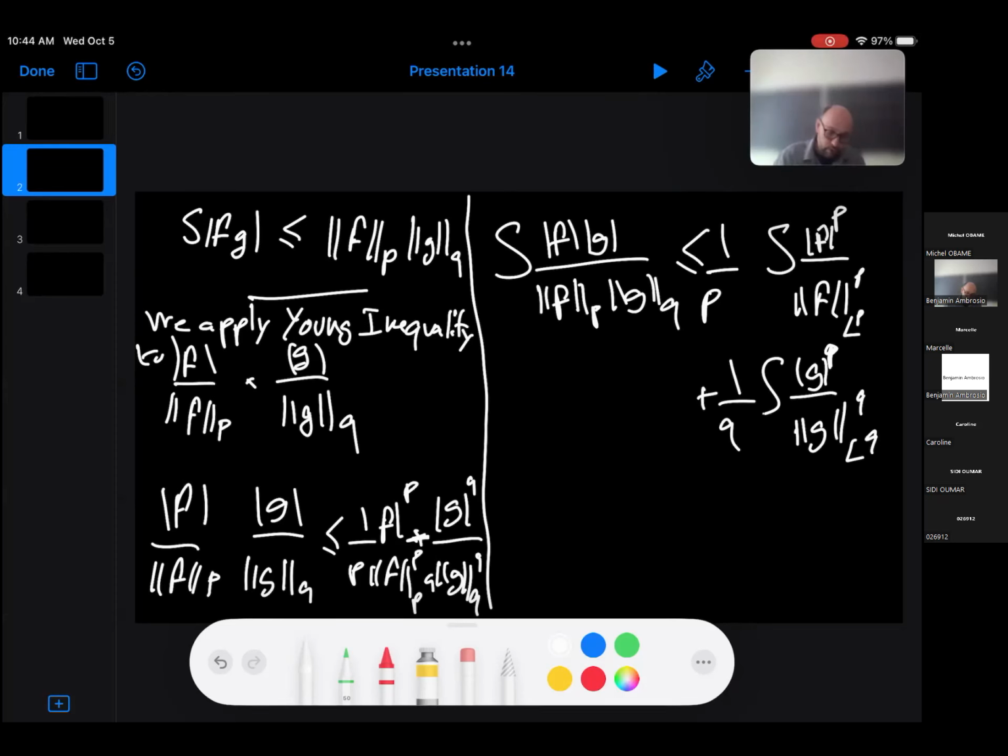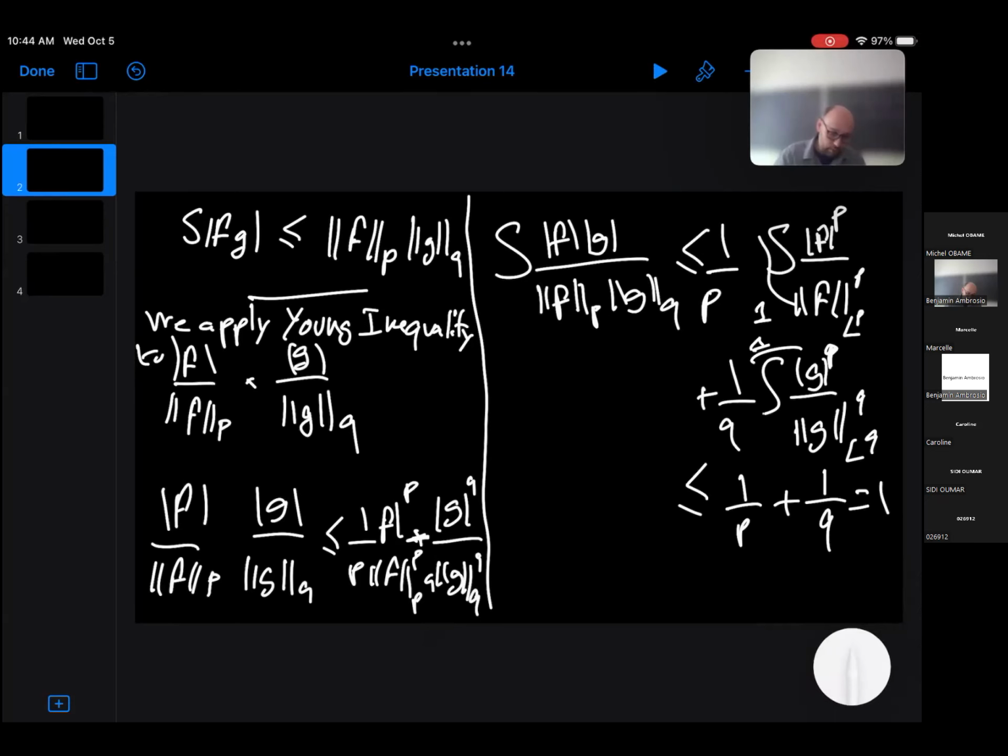But this is 1 now, because I can take out the norm. The norm is a number. And this is also 1. So this is less than 1 divided by p plus 1 divided by q, which is 1. So it's done. Because now I have that the integral of fg is less than norm of f in LP times norm of g in LQ.